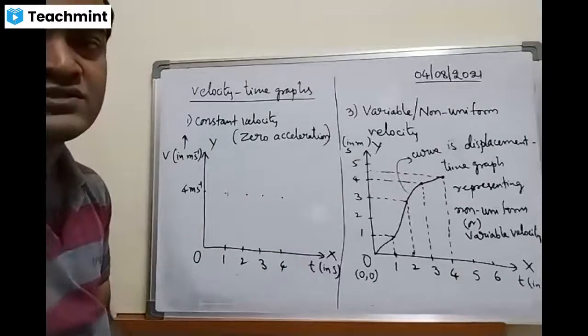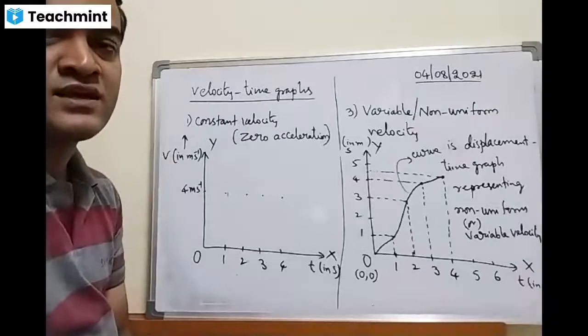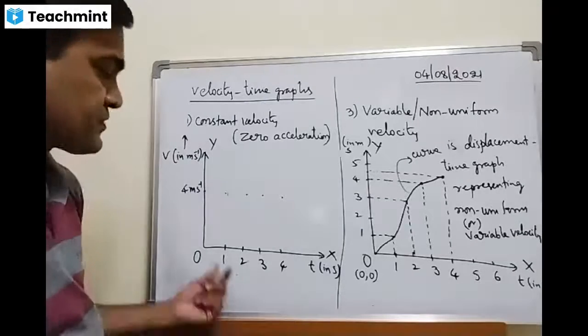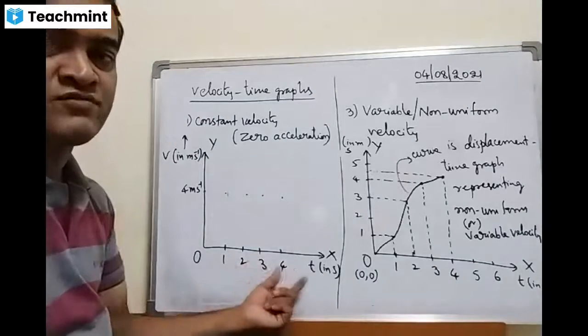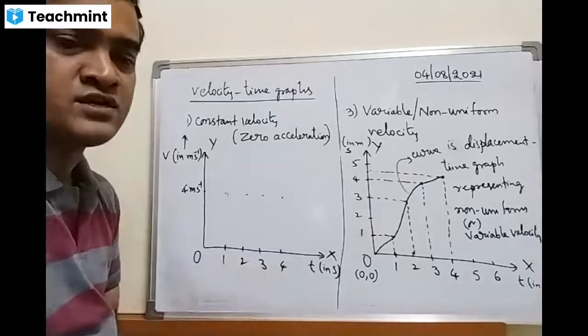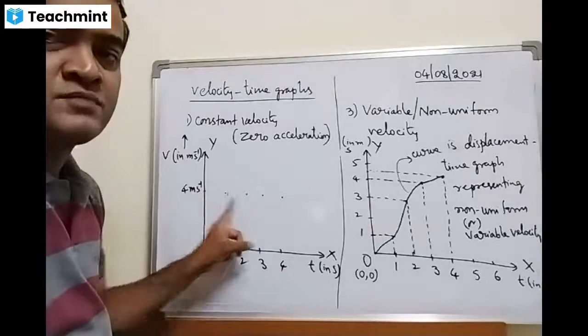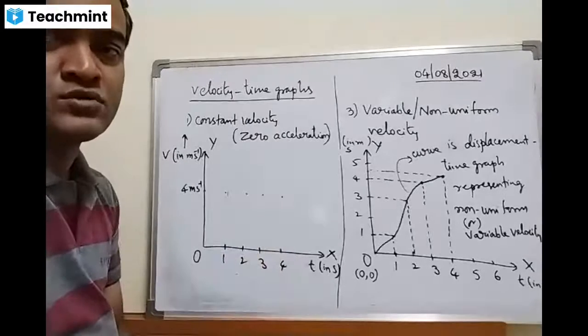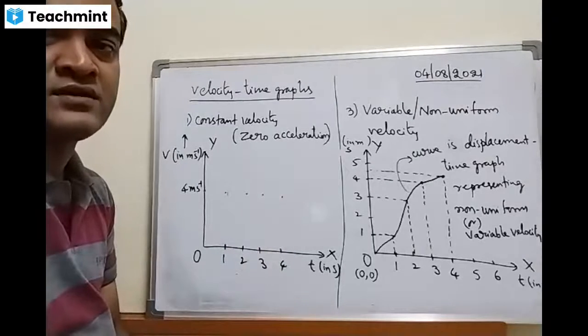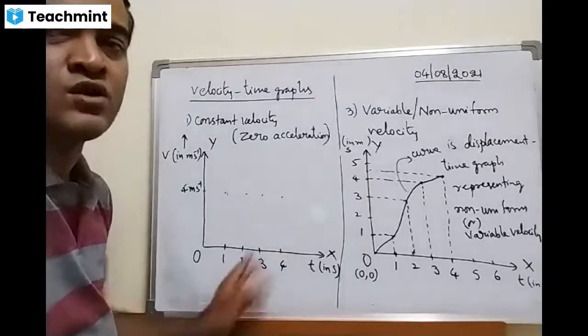So what does this mean? From this I can conclude that if time goes on increasing, then the velocity of that particle remains constant throughout. So velocity of the particle is showing as 4 meter per second all the time.